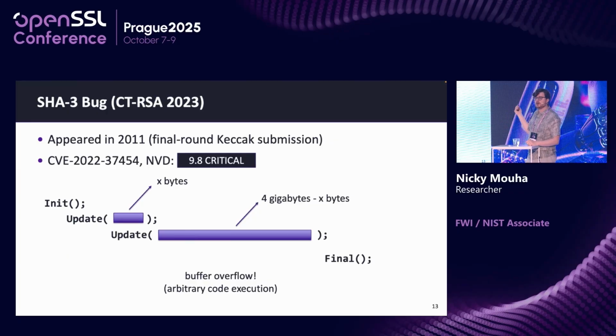If that update call is going to be one pointing to a large message, then you can provide some code as part of that message, as part of the input, and that will get executed as you do your buffer overflow. We'll start overwriting internal values in your stack.